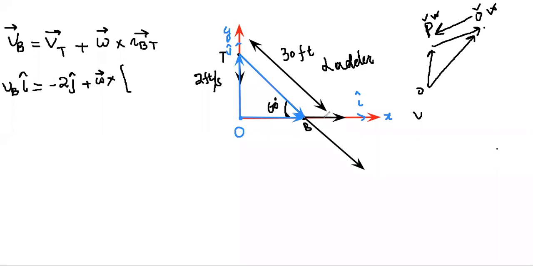This is angle 60. This too will be angle 60. This is the RBT vector. Its magnitude is 30. So this RBT we can resolve into two components. T is here.